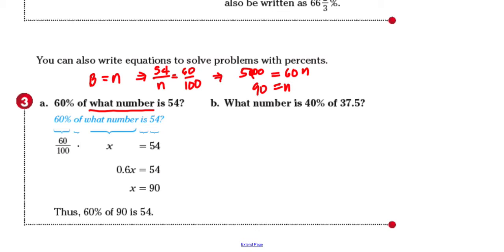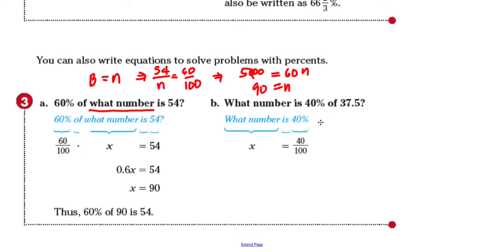Let's do letter B, translating this into an equation. What number is 40% of 37.5? So we start off with what number, and that is our x. Is is always translated as an equal sign. 40% as a decimal is 0.4, or 40 over 100 for now.